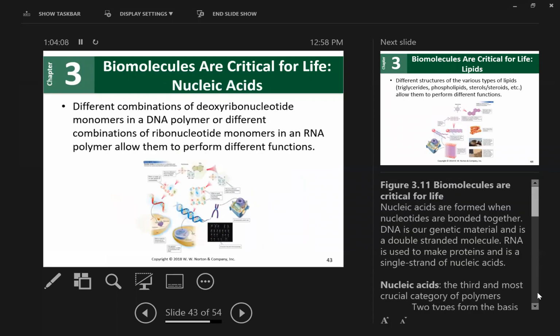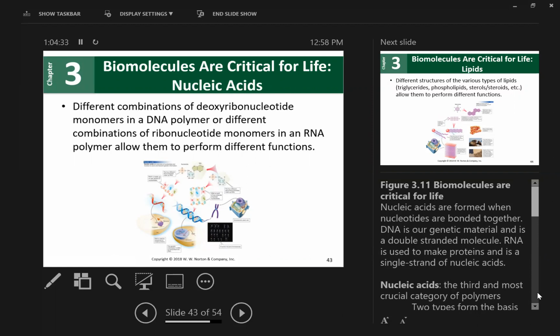Okay, third most important are nucleic acids. These are different combinations of deoxyribonucleotide monomers, also known as DNA, and combinations of ribonucleotide monomers, which is RNA.